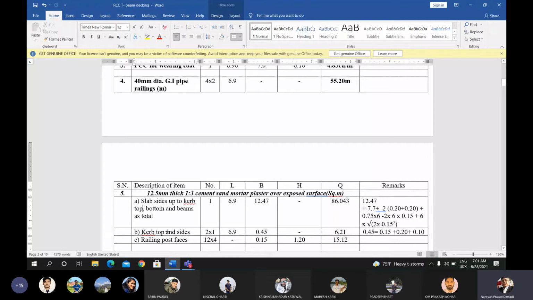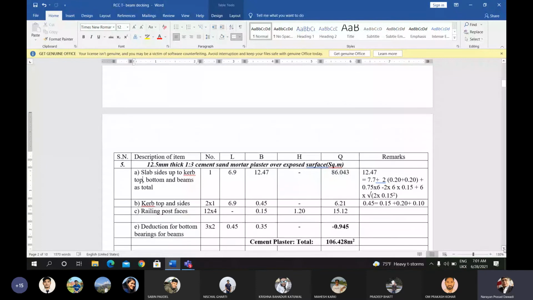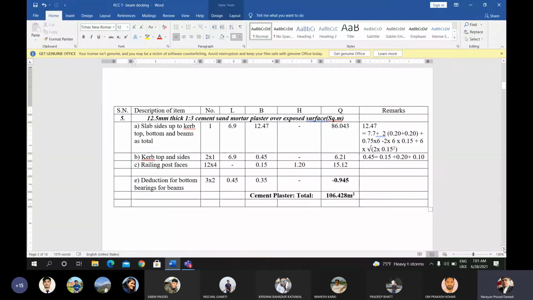And the railing posts: the railing post is of 1.20 meter height. For the railing post there are 4 faces because the railing post is of square shape. There are altogether 12 railing posts, 6 on each side, and for the 12 railing posts the plaster will be 12 numbers, with 4 faces for each.